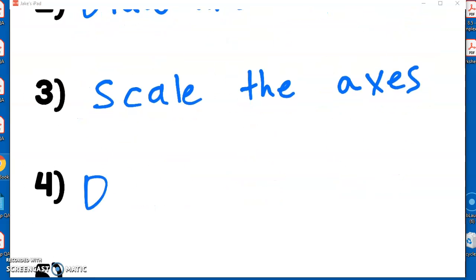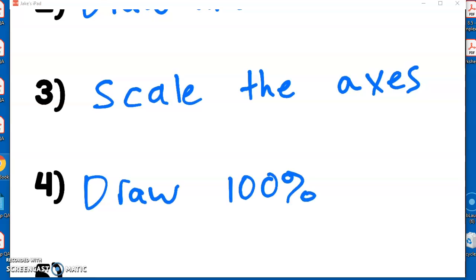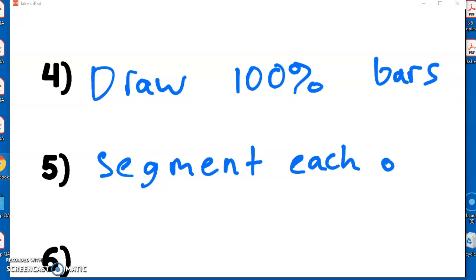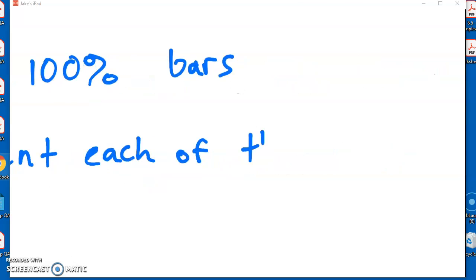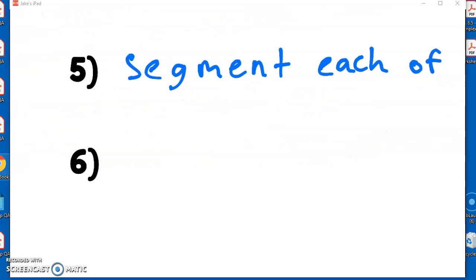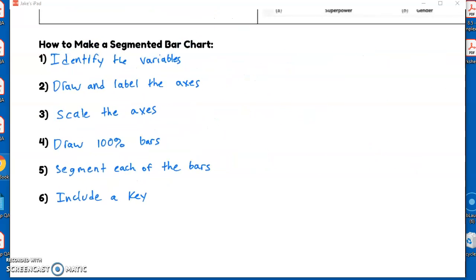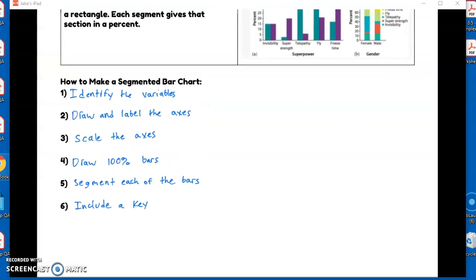Fourth step, draw 100% bars. We're just writing this in right now; I'll explain how to do each one in a little bit. Next one, segment each of the bars. And our last step, include a key. So zoom out there. That's what we're dealing with.